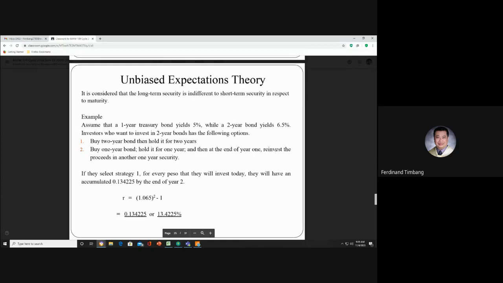If they select strategy 1, for every peso that they invest today, they will have an accumulated 0.134225 by the end of year 1. So, kaya ito yung rate. Kasi yung 1.065, teka muna yung calculator ko, sandali ah.